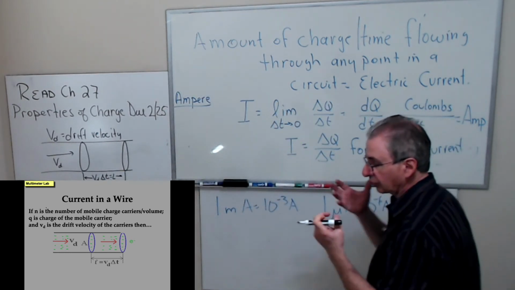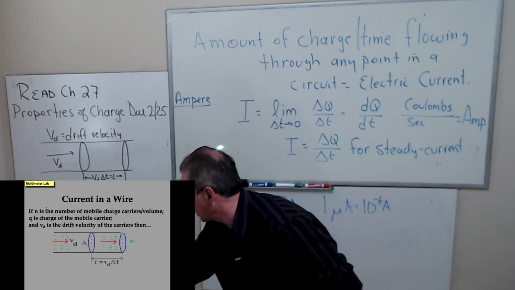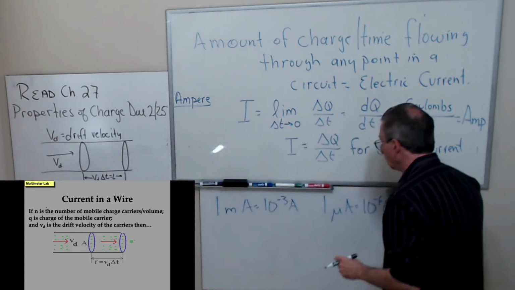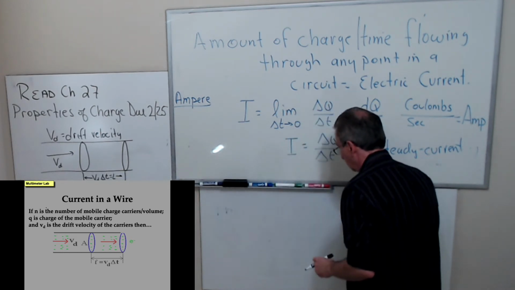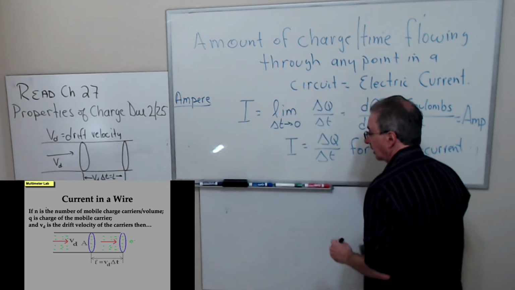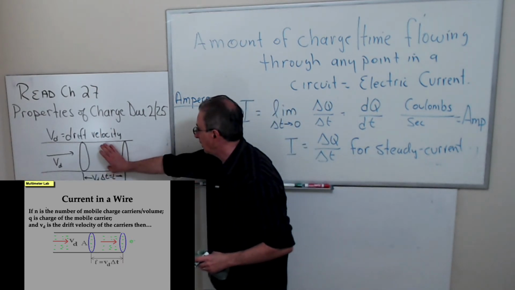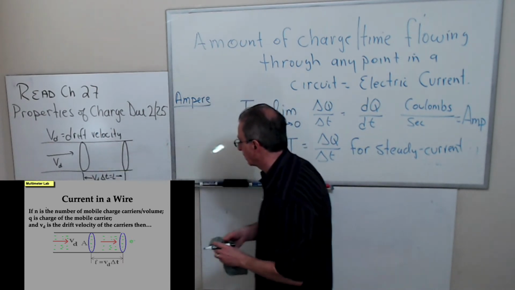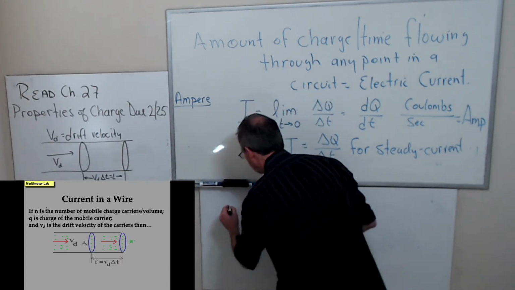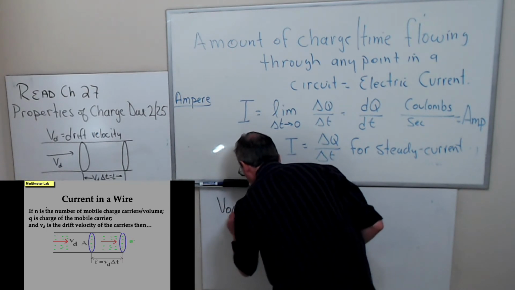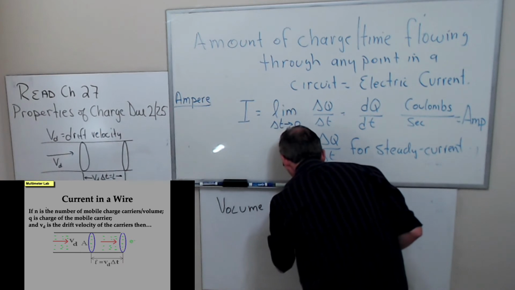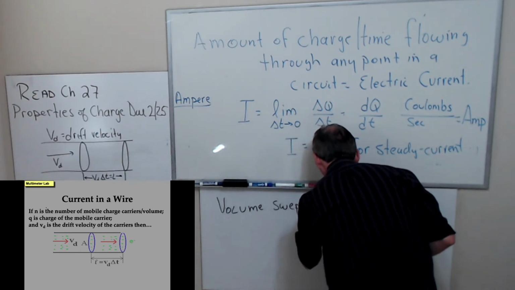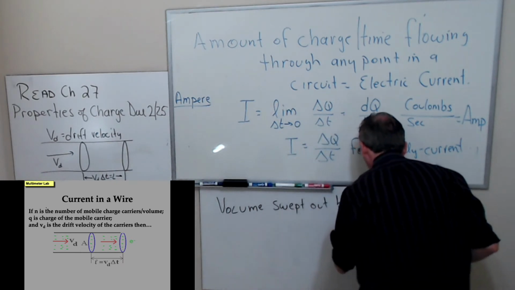How do I characterize the electric current using this, just a simple idea? Well, I want to know how much volume is in here. How much volume swept out by moving charges?